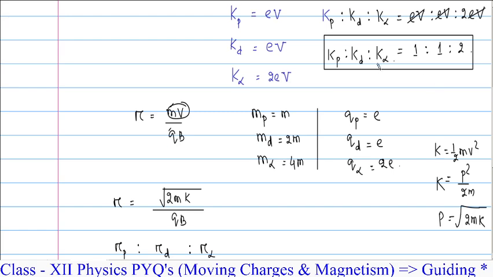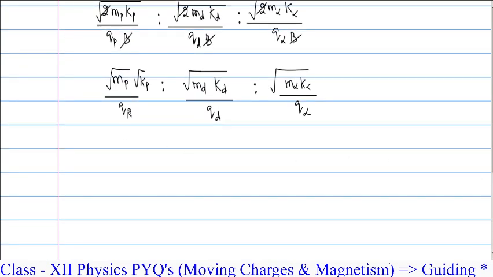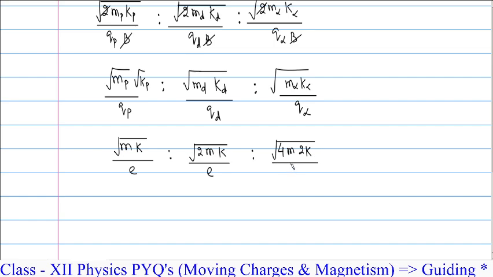So if the kinetic energy of the proton is K, then the kinetic energy of the deuteron is also K, and the kinetic energy of the alpha will be twice K. So this will be equal to root of m into K divided by the charge of the proton e, is to root of 2m into K divided by the charge of the deuteron e, is to root of 4m into 2K divided by the charge of the alpha, twice e.